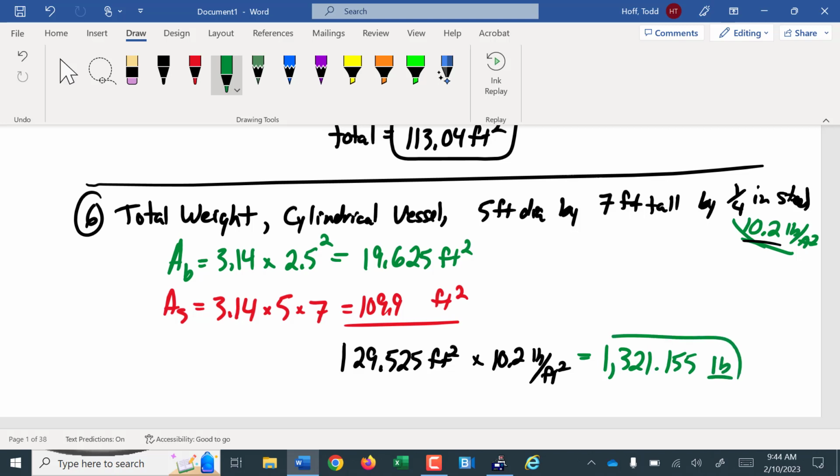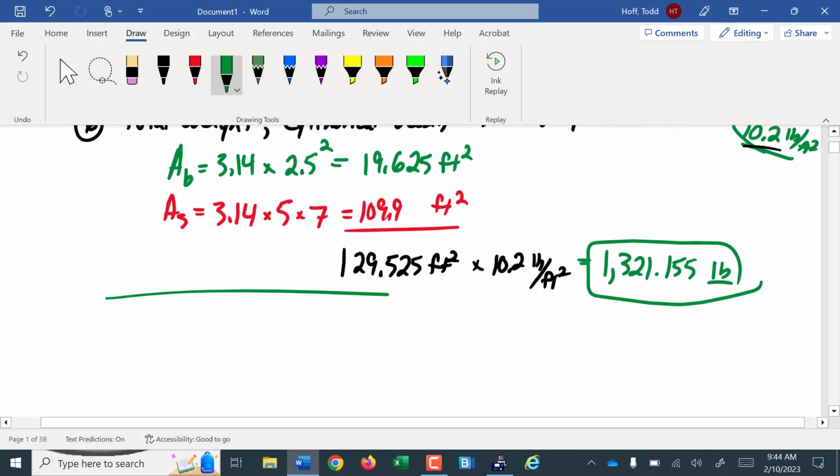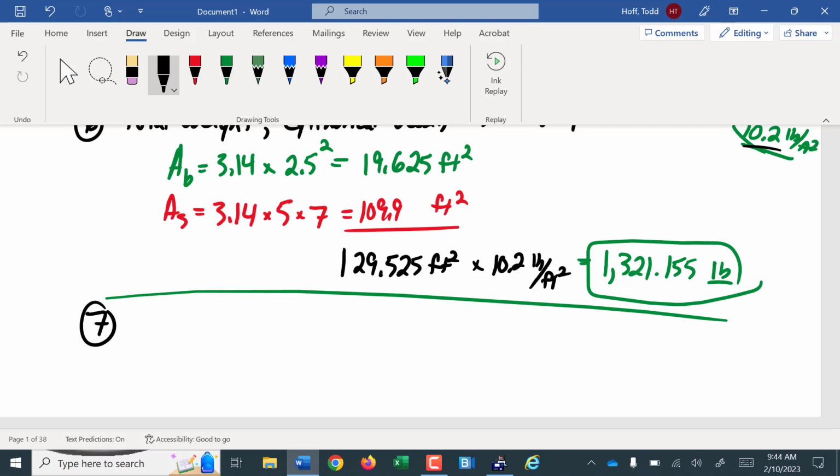Yep. So if you rounded it, 1,321.2, 0.16, however you rounded it would be fine. I would recommend at least one decimal place when you're rounding those off. Questions on that one? Okay. Number 7, bend ratio.